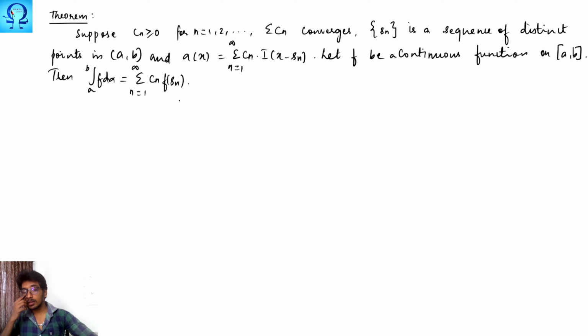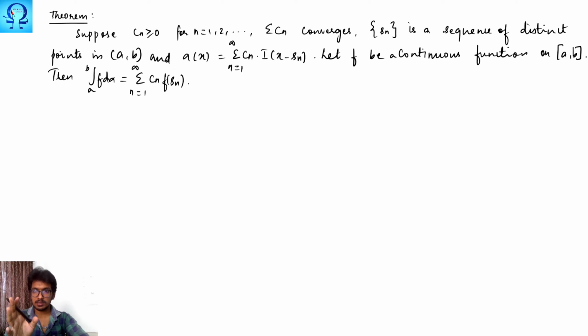Okay. Here, let us pay some attention to understand what is given in the statement. Initially I have told you that we have a sequence of non-negative terms, based on which we have formed a series, and that series is convergent, right? And we take some sequence in the open interval (a, b), right? So what about this sequence Cn? This may be taken anywhere in the set of non-negative real numbers.